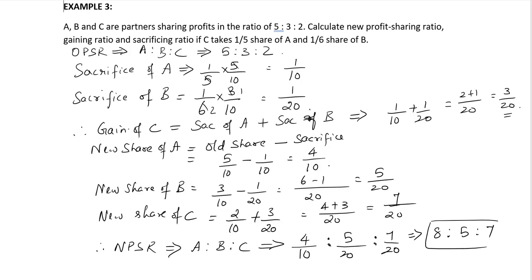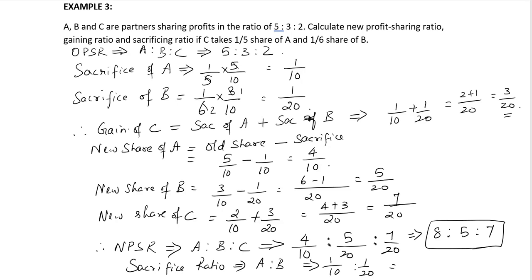So this is the new profit sharing ratio between A, B and C. The sacrifice ratio between A and B is equal to, we need to put the sacrifice together in the form of a ratio, which would be 1/10 is to 1/20.